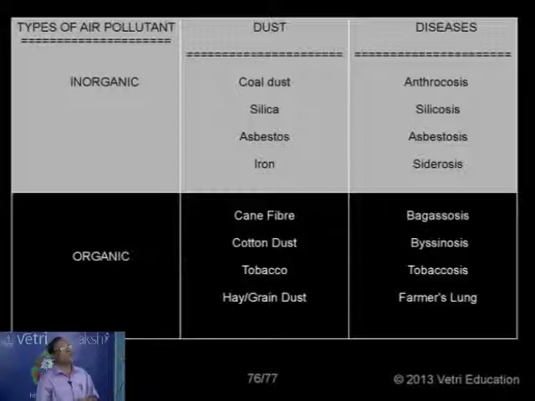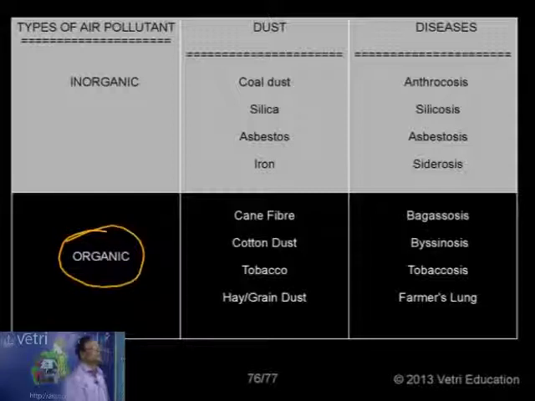Occupational diseases are caused both by inorganic substances or inorganic air pollutants, and also by organic air pollutants. So both inorganic as well as organic air pollutants are responsible for causing occupational disease. Here I listed some of the inorganic dust responsible for causing occupational diseases.